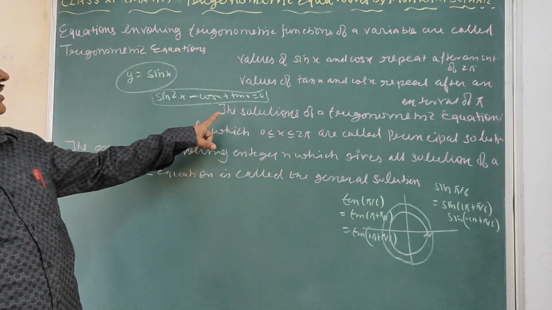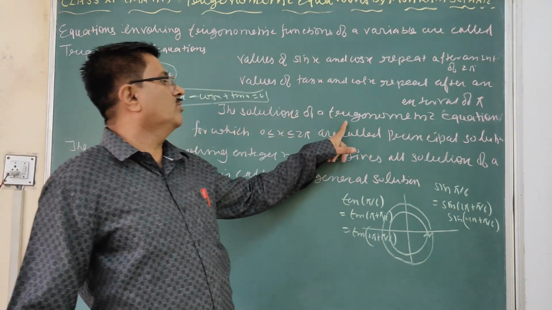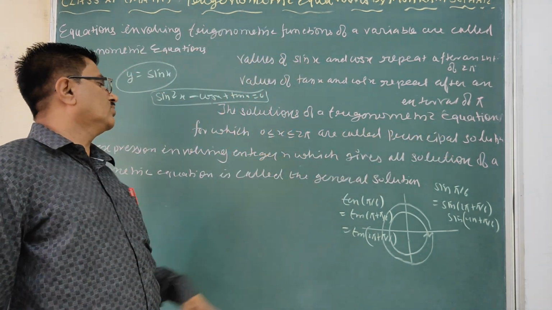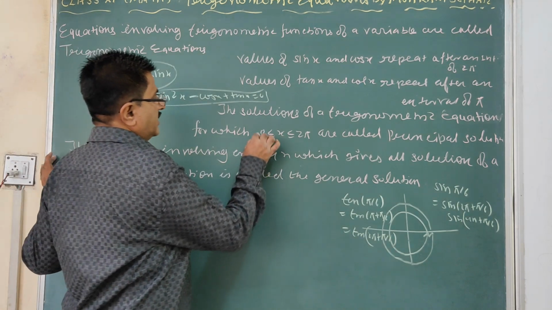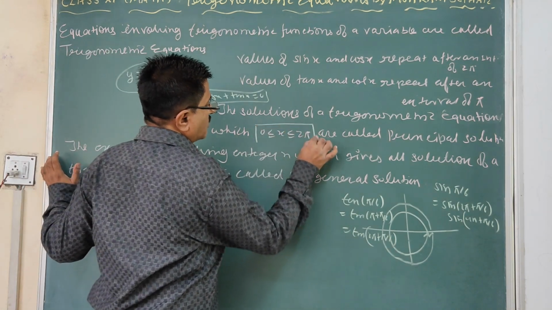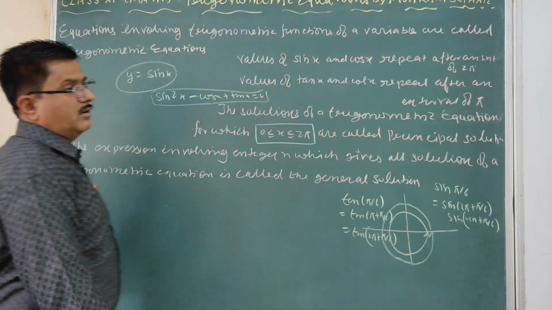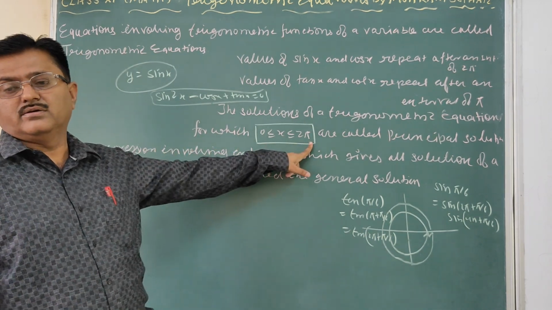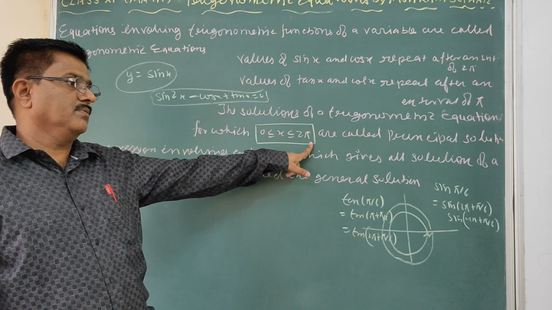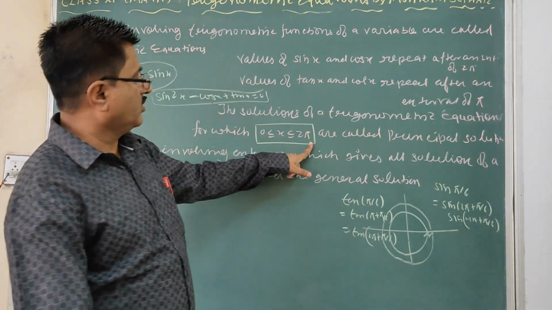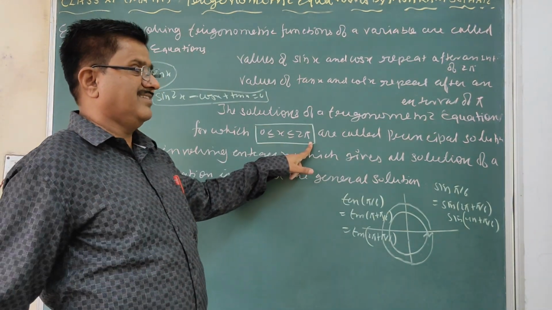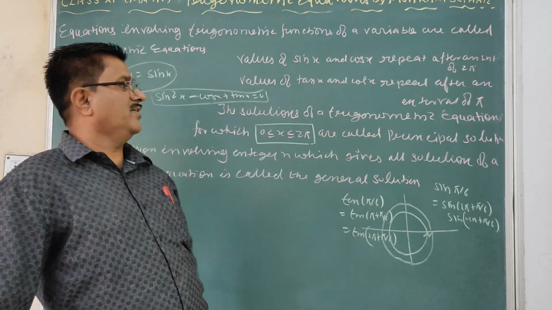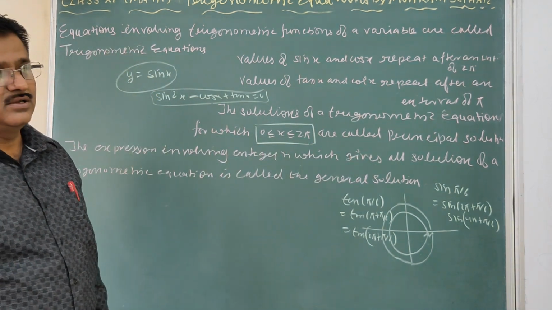Now we can say there are two types of solution of a trigonometric equation. If the value of x lies between 0 and 2 pi, then this solution is called a principal solution.